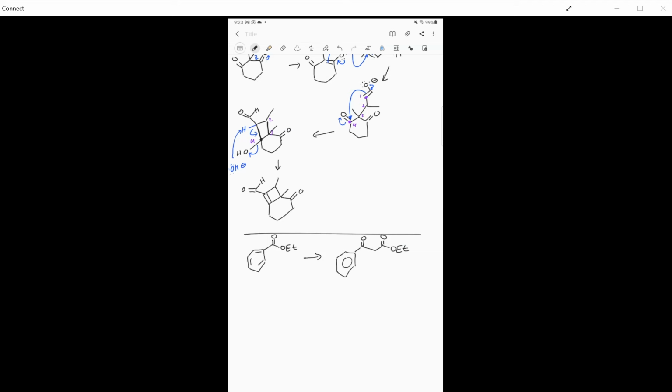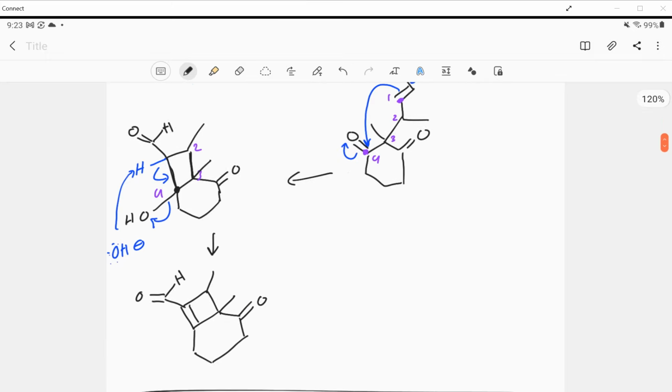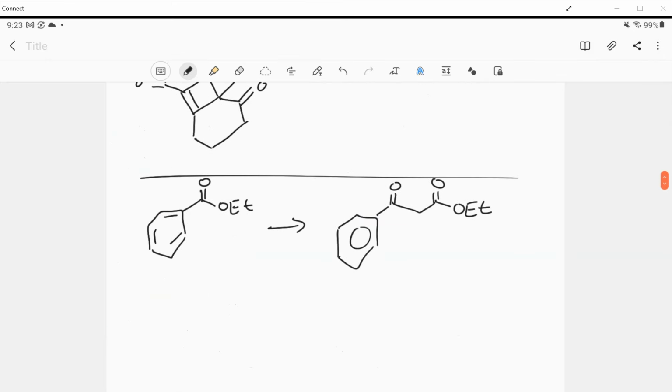Remember when we are looking at synthesis type things, we're just determining the reactants here, or reagents that are going to get us from starting material to product. We want to look at the functionalization of our enolate or our product.